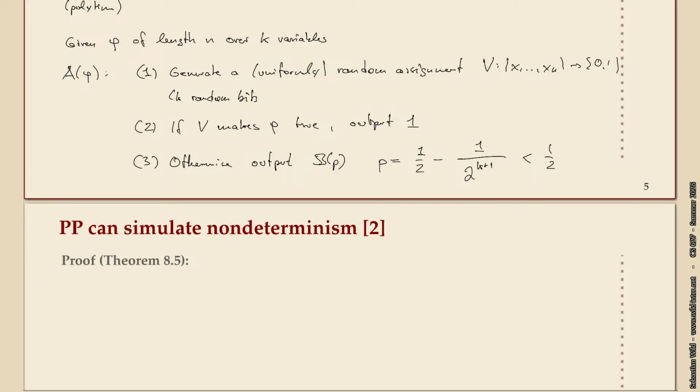And the claim is, number one, what's the running time of this? Let's do that first. This is linear in k. This is linear in n, I guess, or at least polynomial in n. And this is maybe even constant expected, at least.